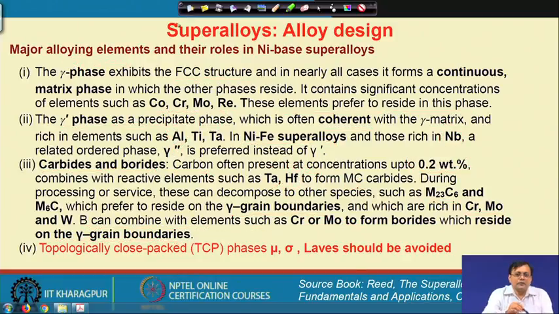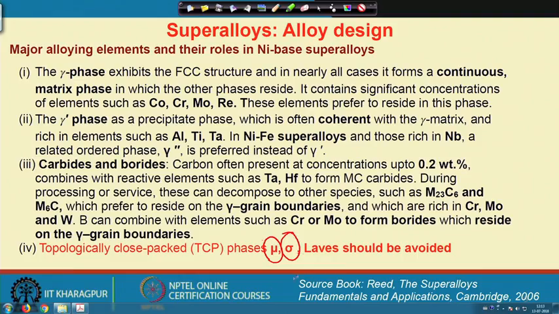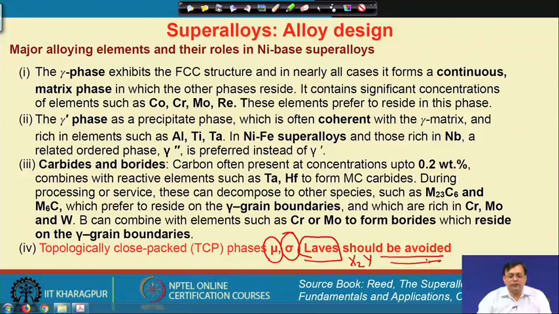However, whatever alloying elements we have added for a specific purpose, we must keep in mind that there should not be any topologically close packed phases, because they enhance embrittlement, and we have mu phase, sigma phase or Laves phase, and Laves phase means basically an A2B type of compound, which should be avoided.